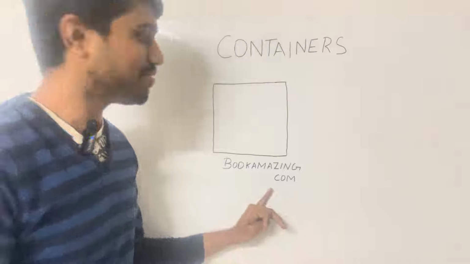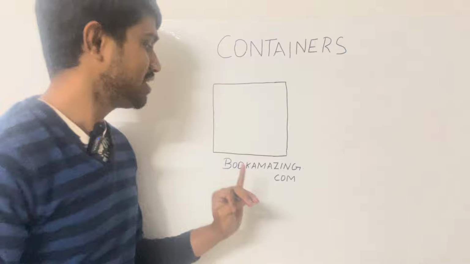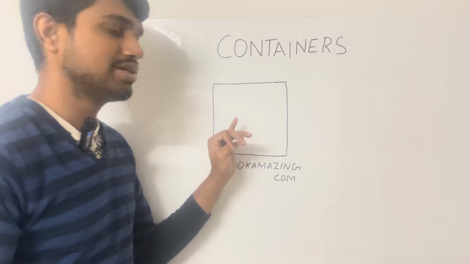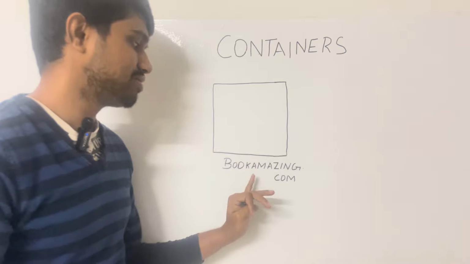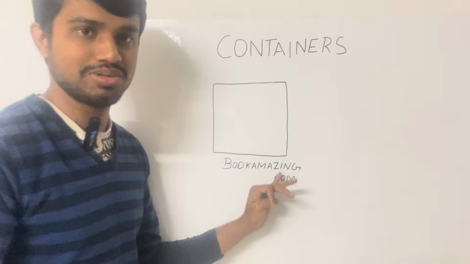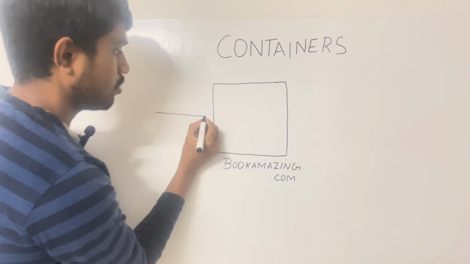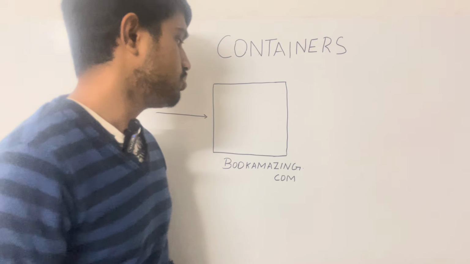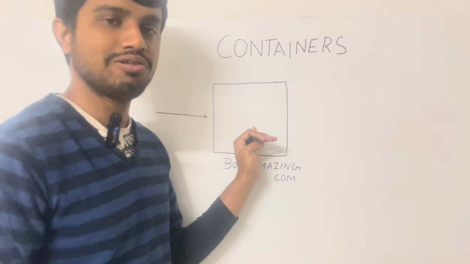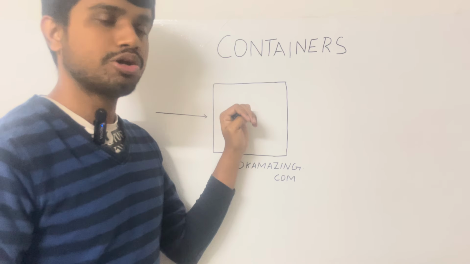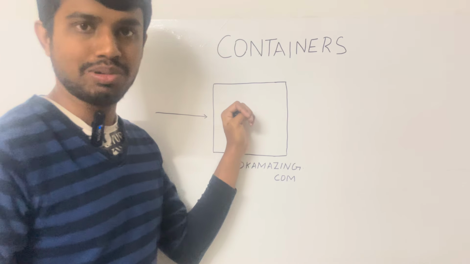You can change the name if you want. So your flight booking web application and the computer you bought for it is like bookamazing.com, right? So now you expect all the users to come to your website and book their flights super easily with amazing UI and everything.